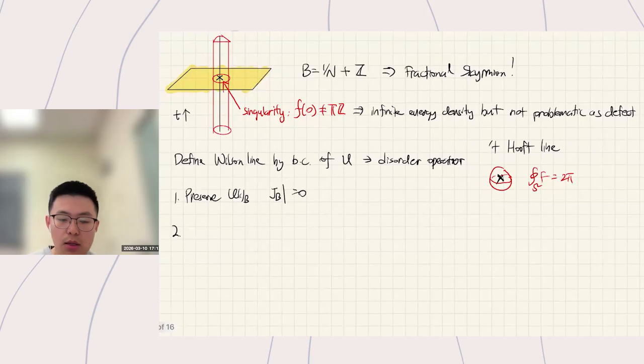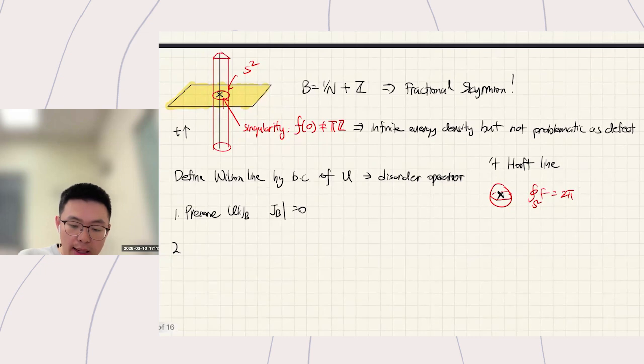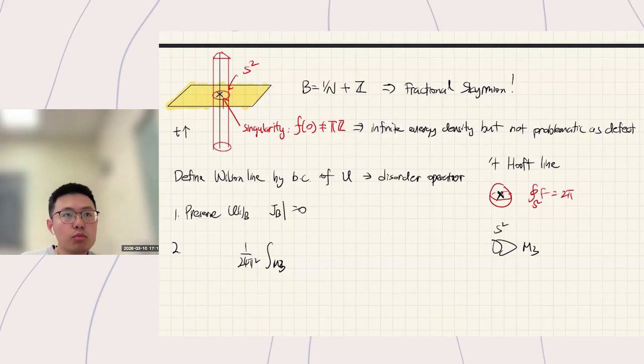The way we do it is basically saying let's take the field configurations around this S2, and then we extend these field configurations to some non-trivial M3. I want to emphasize that this M3 is not necessarily the same as this particular time slice.